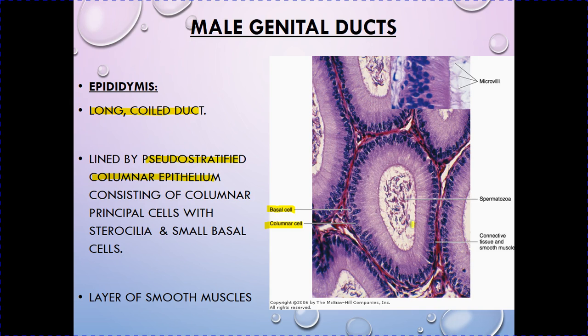The lumen of the epididymis contains the spermatozoa. The epididymis is surrounded by a layer of connective tissue having smooth muscles, outside the epithelium.